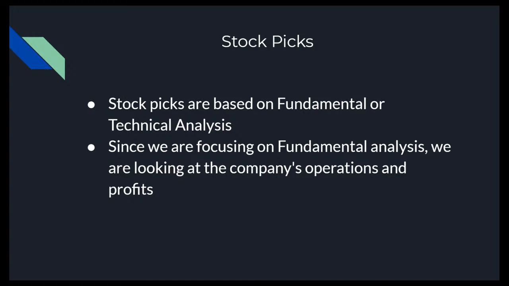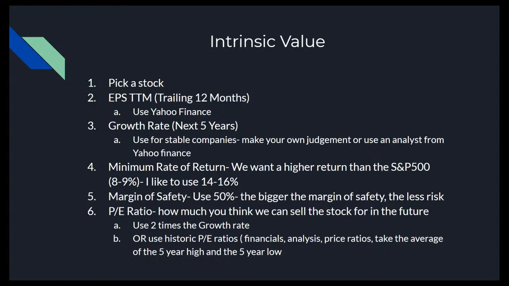So stock picks. Stock picks are based on fundamental or technical analysis. Since we are focusing on fundamental analysis, we are looking at the company's operations and profits. In today's market, intrinsic value is kind of tough, right? Because companies' PE ratios are sky high. So these evaluations are going to be a little crazy. But for example, when you're doing an intrinsic value, let's say you pick a stock.